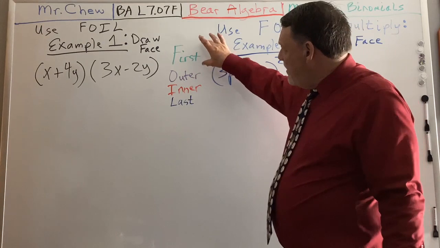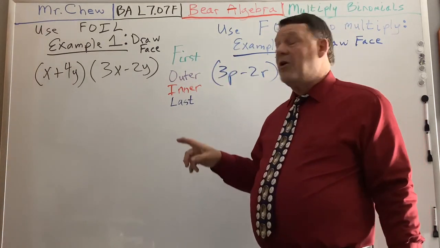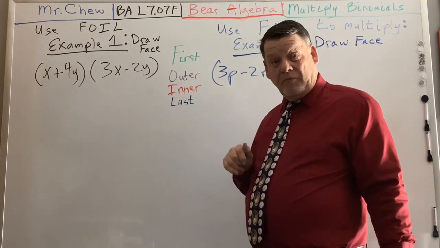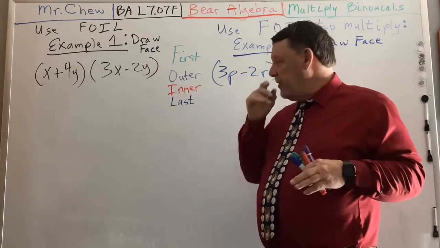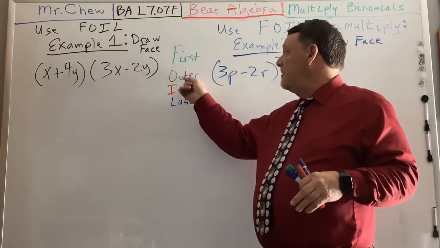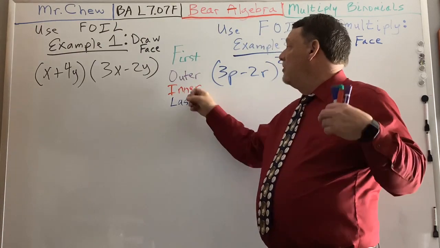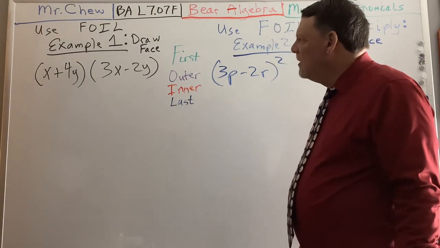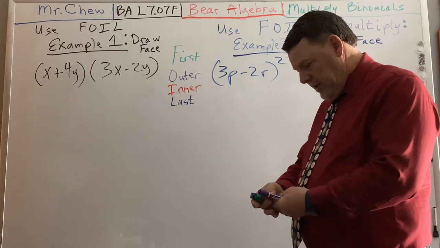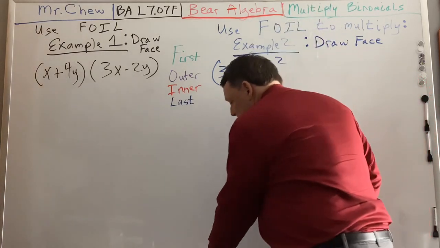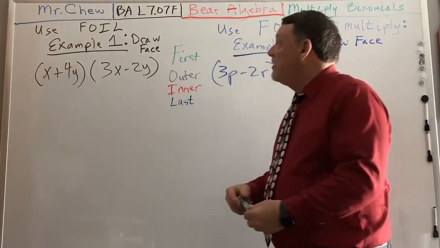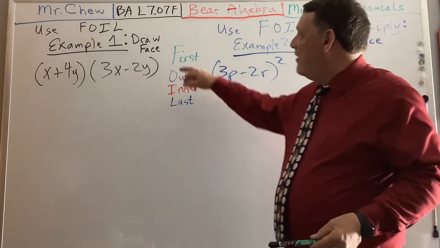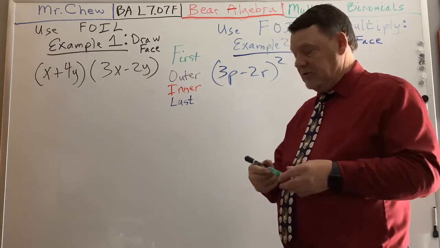So, what does it mean, first, outer, inner, last? It means you multiply the two first terms of the two parentheses, and then the two outer terms, two inner terms, and the last, and then combine any like terms. So, it's often necessary to write this so that you can use FOIL and draw a face.